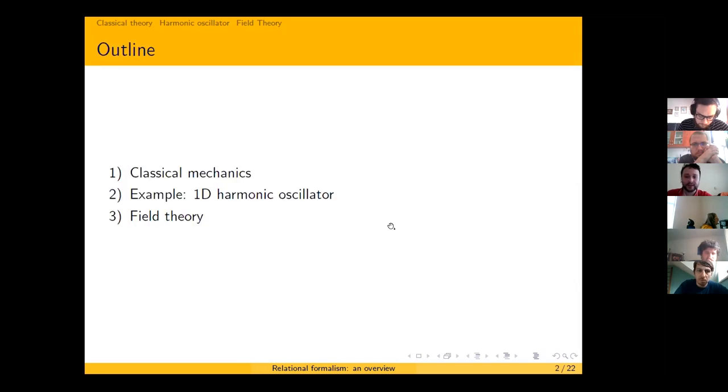at least some basics. So what I will do is just to introduce the concepts behind relational formalism in classical mechanics. By classical mechanics, I mean just the Hamiltonian formulation. And I will give a very simple example, which is the one-dimensional harmonic oscillator, at least just to understand how it works, the concept behind, and also, graphically speaking, what it means.